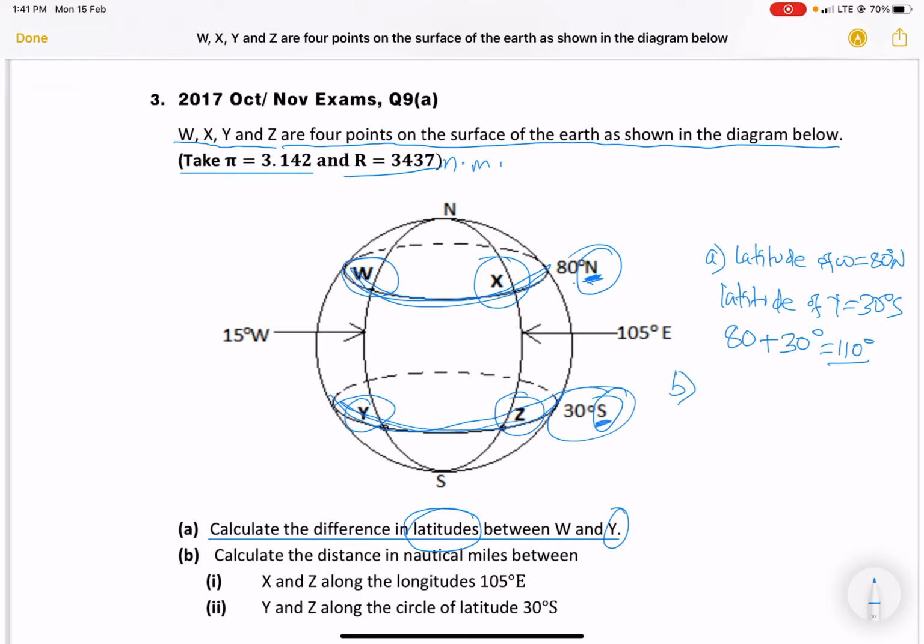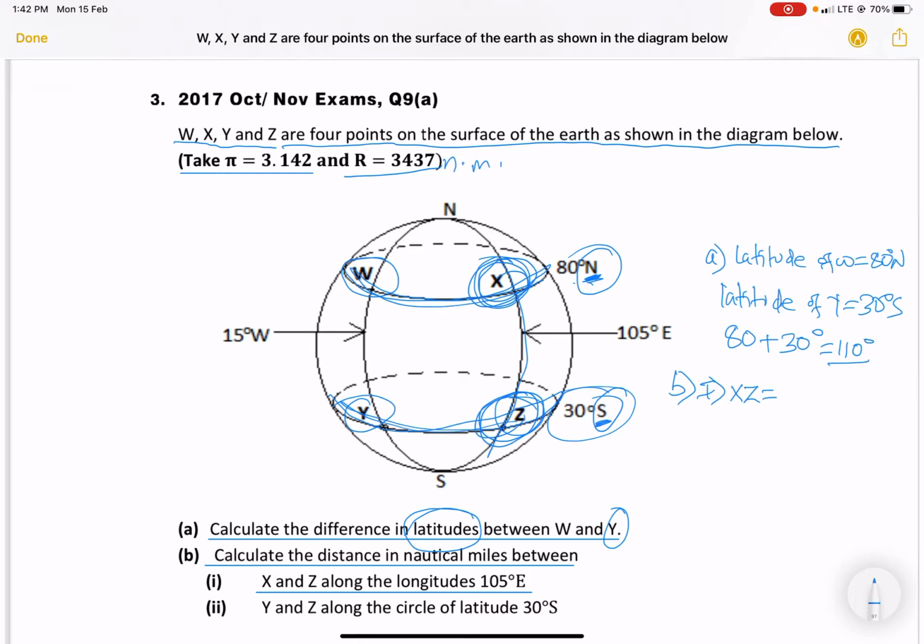Let us now go to question B. We are told to calculate the distance in nautical miles between X and Z along the longitude 105 degrees east. So when you are finding XZ, which is the distance along the longitude, the formula is theta over 360 times 2 pi r.